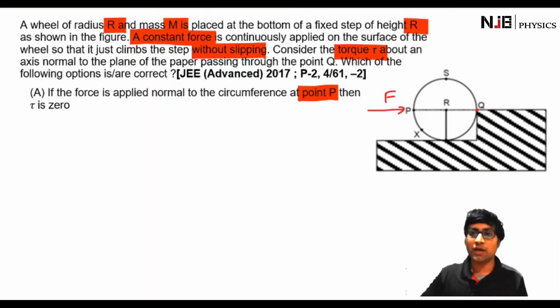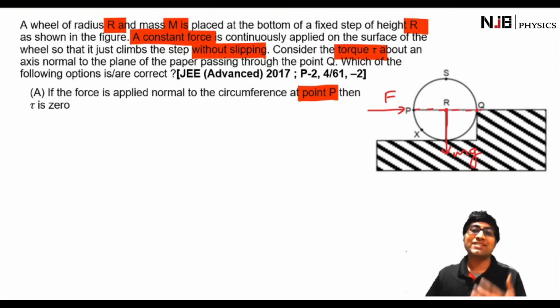Well, there will be another force which is acting on this wheel, which will be gravity, in the downward direction, and its magnitude is going to be mg. So because of this mg about this point Q, there will be an anti-clockwise torque. And because of this external force F, the line of action of force is actually passing through point Q, so there will be no torque.